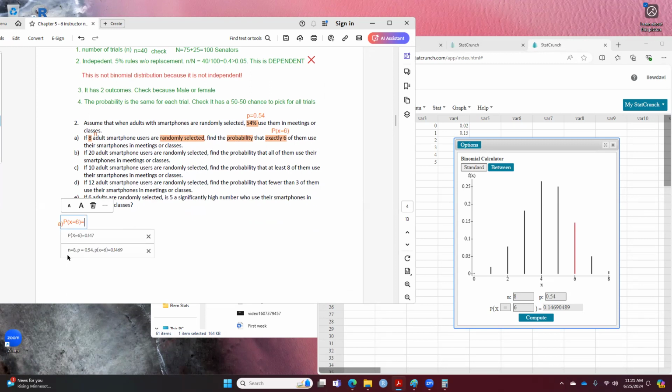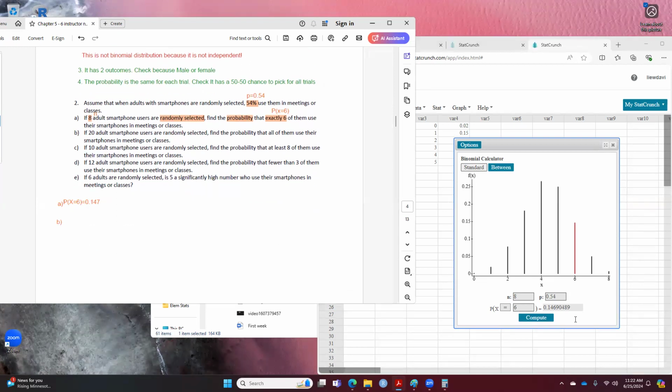So make sure you give me the whole thing. This is what I want you to give me in your test. In your homework, you just give me 0.147 because the homework wants the answer straight away. But in the test, make sure you give me everything. Everything in this case means the last row. Okay. Questions? Anyone?